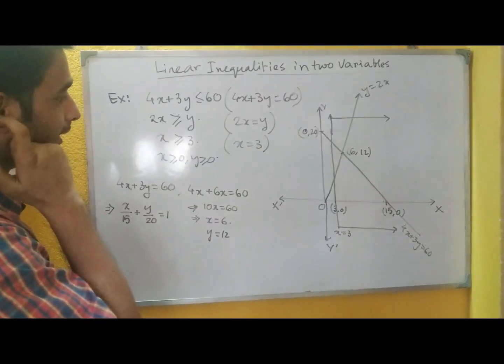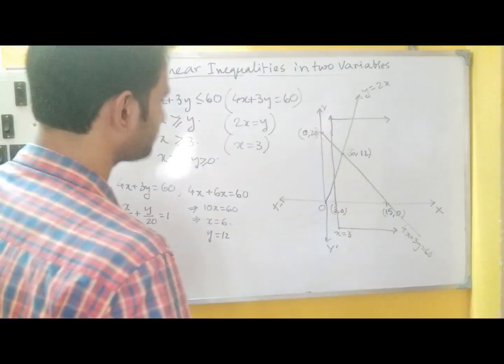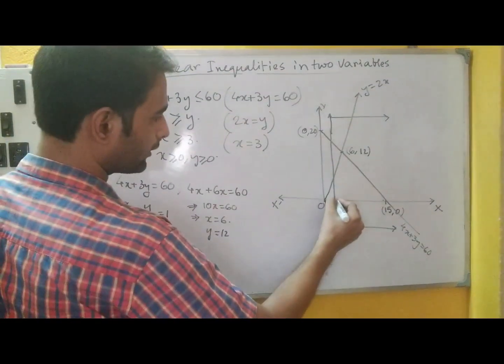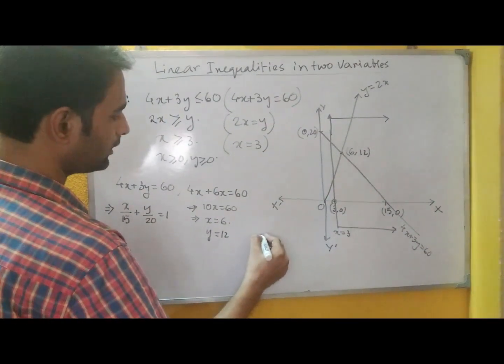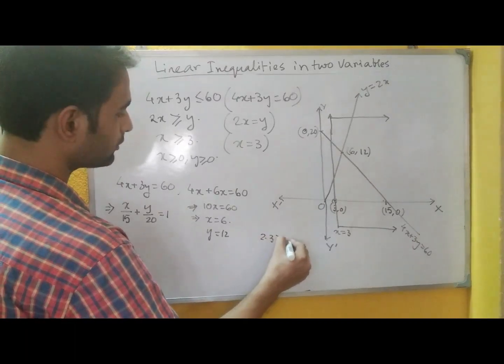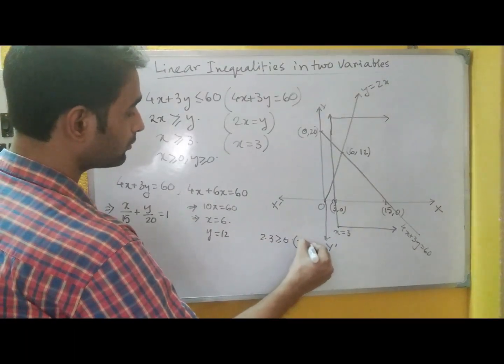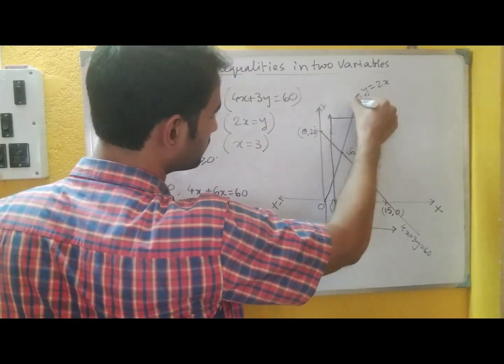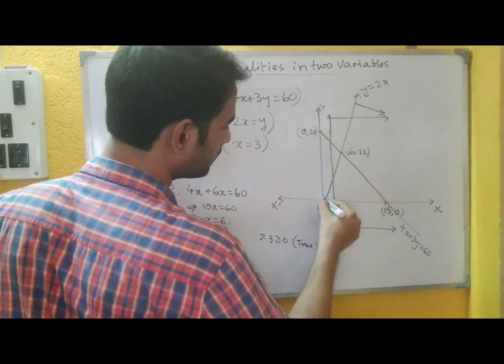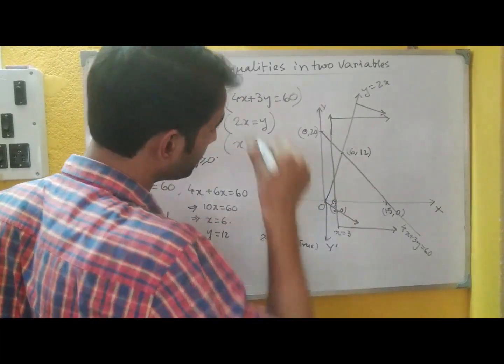We will take another point, say 3, 0. If you put 3, 0 here, you see that 2 into 3 is greater than or equal to 0. That is true. So 3, 0 will be in the solution set. So this will be the direction for this line.